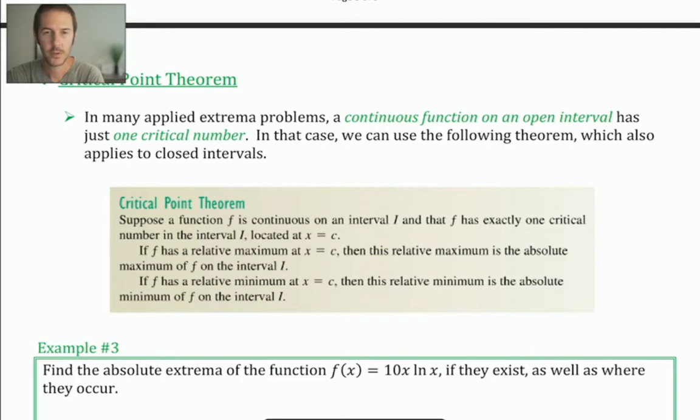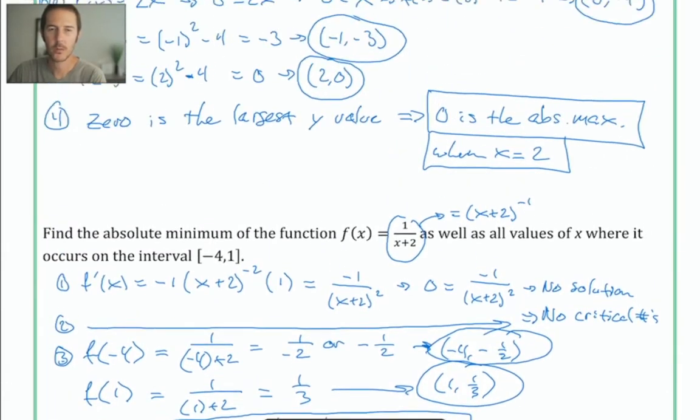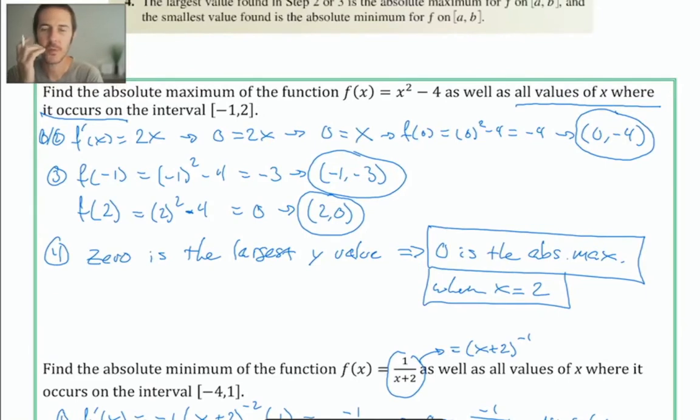Let's have one more look. We have a continuous function on an interval. The function has exactly one critical number. Now, let's compare this to something we've already worked with. Let's look at problem number 1. This was a continuous function on the interval from -1 to 2. It had exactly one critical number, an x value of 0, which corresponded to a y value of -4, and we were looking for the absolute maximum.